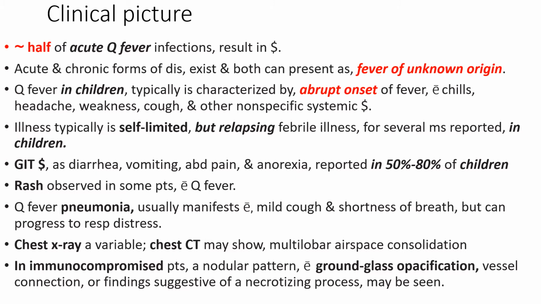Chest CT may show multi-lobar airspace consolidation. In immunocompromised patients, a nodular pattern with ground glass opacification. Vessel connection or findings suggestive of a necrotizing process may be seen.